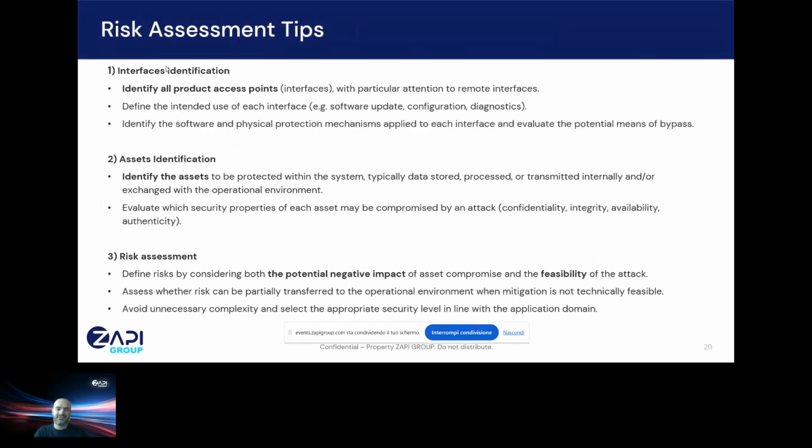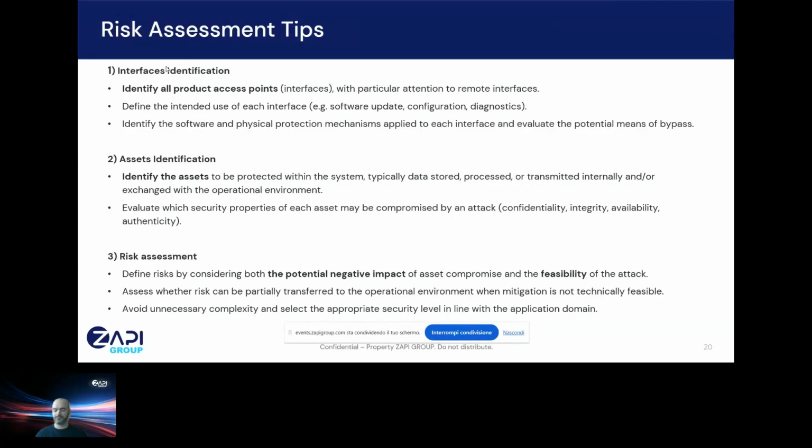Before concluding the presentation, I want to provide you some suggestions to start the risk assessment, in case it is the first time that you have to start with this activity. The first important point for me is to start from the interface identification.